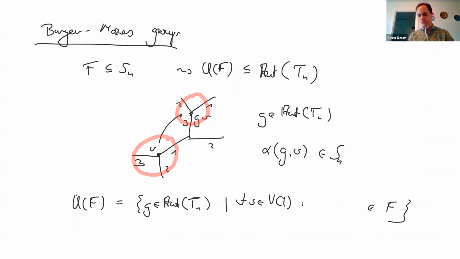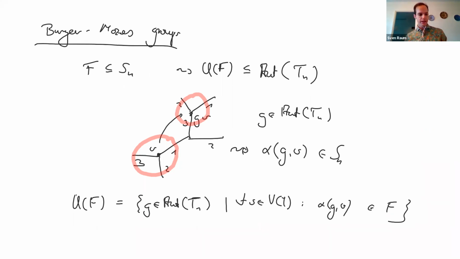That's an element of Sn a priori. And I want that this belongs to F for all vertices v. Okay, so in particular, if you fix a vertex, you're supposed to permute the edges just according to F. No more conditions on the element.